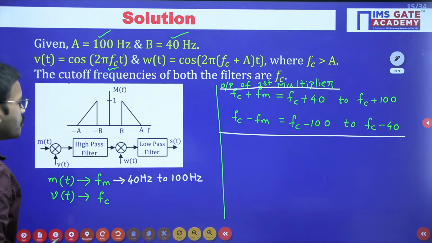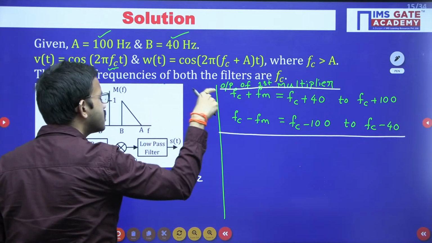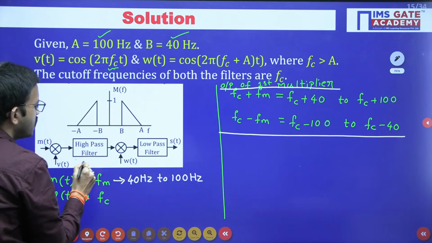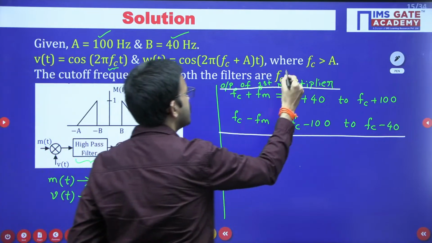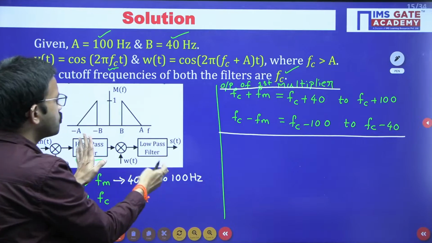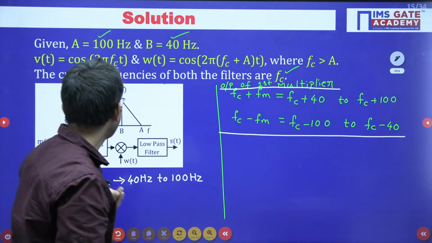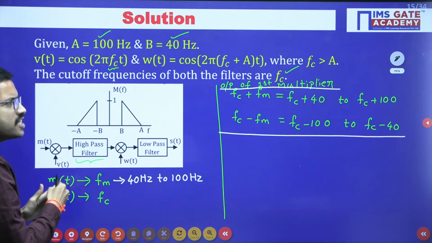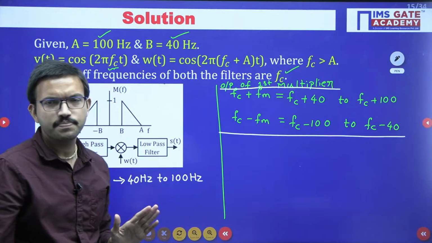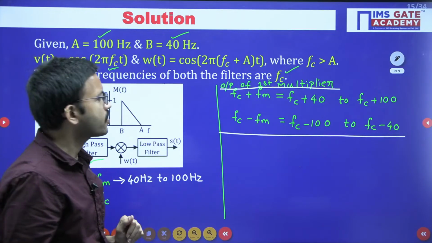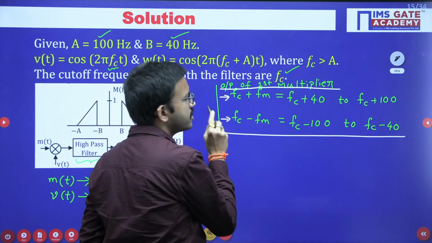Now this multiplier output we are passing through the high pass filter, which has the cutoff frequency Fc. Here we are using two filters, and for both the cutoff frequency is the same, Fc. As the name implies, the high pass filter allows only high frequencies, starting from the cutoff frequency. Now observe, we are getting two ranges of frequencies.